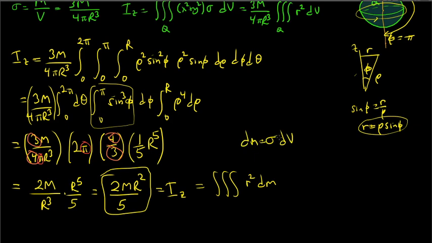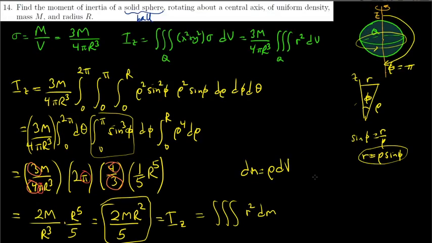So sigma times dV. And I know most books use rho for density, as long as you don't get confused with density and distance. So two different rhos. We talked about that many times already. Okay. So yeah, physics books will write it in terms of m, in terms of the mass, but you just work it out as density times volume in most cases.